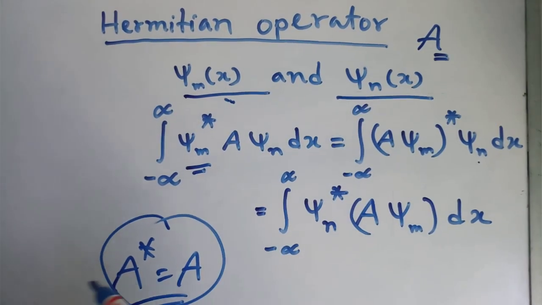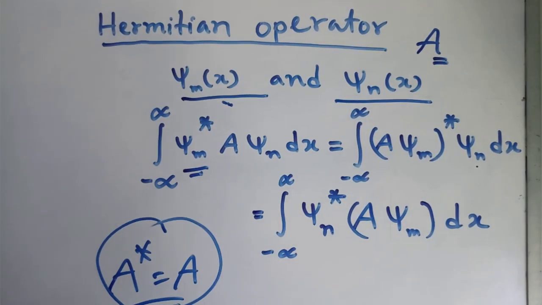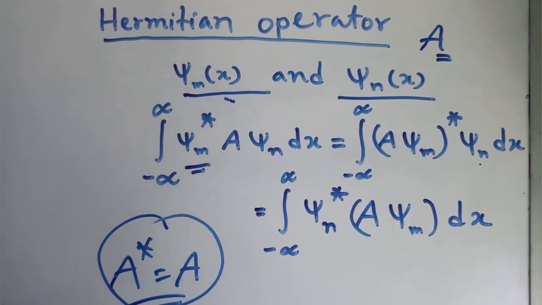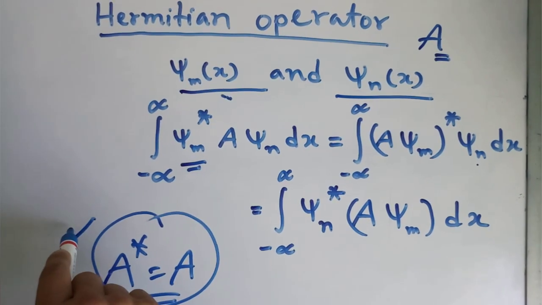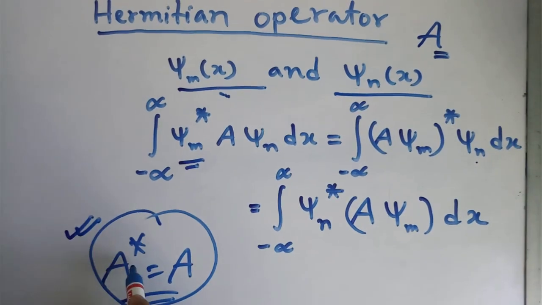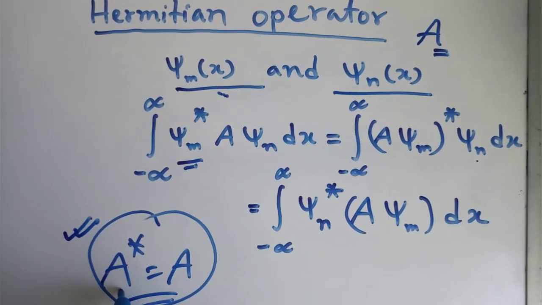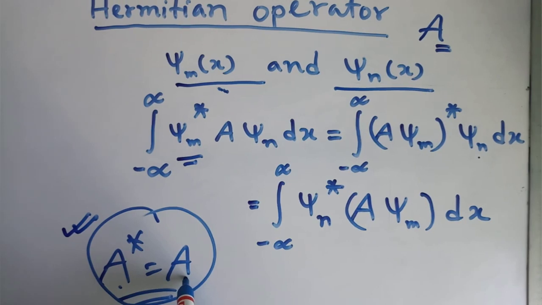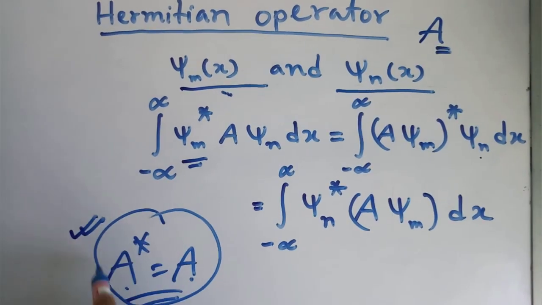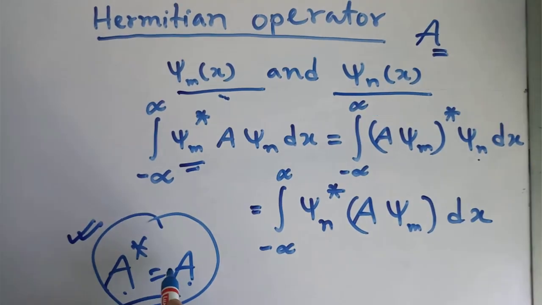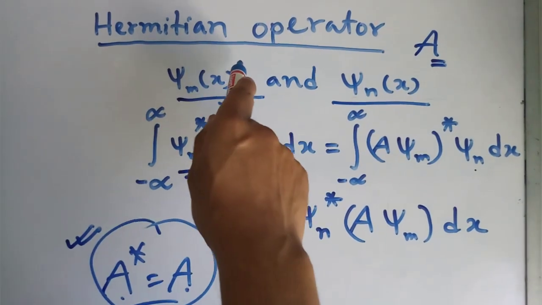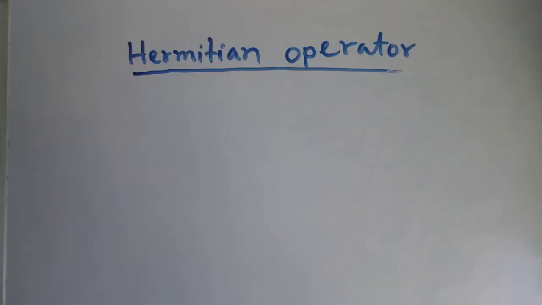For your easy memorization, you can follow this: the complex conjugate of A equal to A. So if this relation is followed, then your operator will be a Hermitian operator. This can be written in bracketed form also.